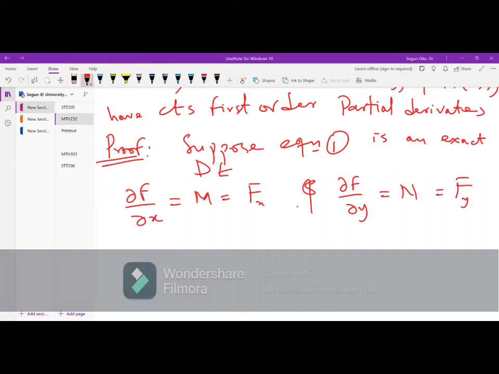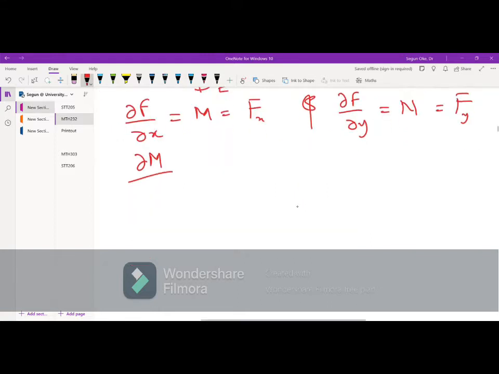If I now differentiate my M with respect to y, what happens? Remember, you identify your M and N from the problem you are given. Differentiating M with respect to y gives F_xy, and doing the same for N with respect to x gives F_yx.